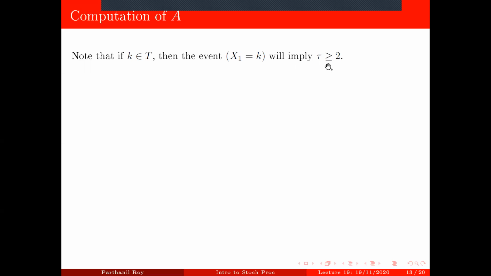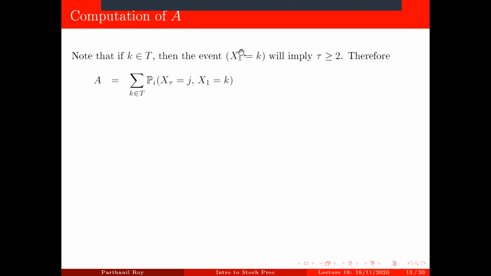Because we are starting, remember, from i, which is already in T. So both i and k, which are X0 and X1 respectively, are in T. Therefore, the first time the Markov chain will exit T has to be at least 2. It hasn't exited in the 0th step and the first step. So we'll use that in this calculation.